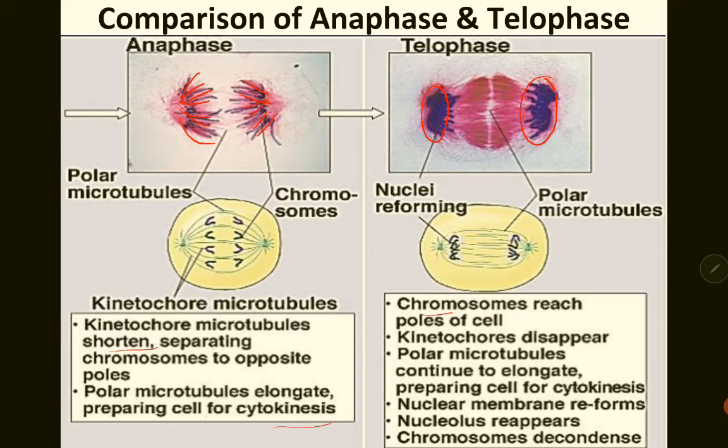For telophase, the chromosomes have already reached the opposite pole, where the kinetochore has already disappeared. Polar microtubules continue to elongate, preparing the cell for cytokinesis, and the nuclear envelope starts to reform. Nucleolus starts to appear again, and chromosomes decondense.